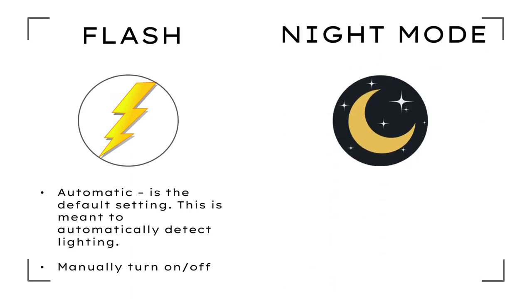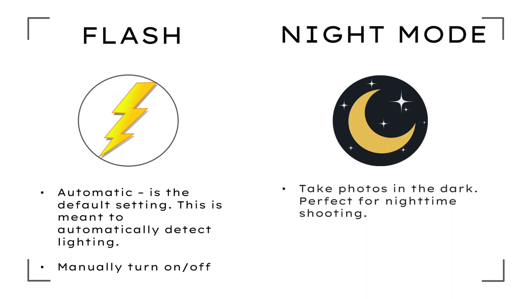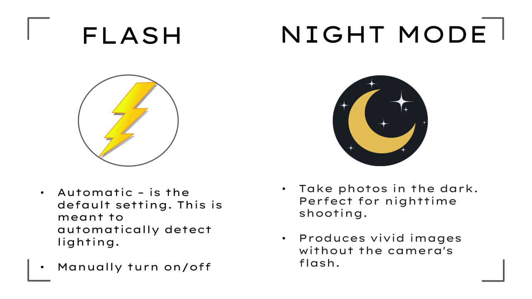Next, we're going to discuss night mode. Night mode takes photos in the dark, and it's perfect for a nighttime shooting session. It can produce vivid images without the camera's flash. Essentially, Android night mode, or whatever your manufacturer might call it, uses artificial intelligence to analyze the scene you are trying to photograph.